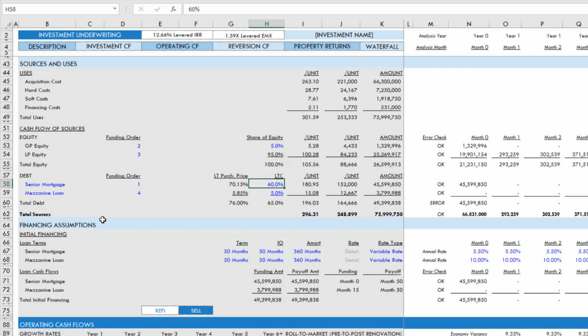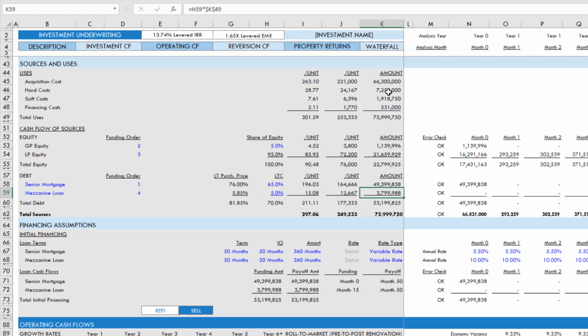The senior mortgage will be 65% of the total cost of the project. So I hit 65, and that results in 76% of the acquisition price, right? The purchase price in time zero, the unrenovated value as we view it of the property. And then the mezzanine loan, we're going to put at 5% of cost, which is roughly 3.8 million.